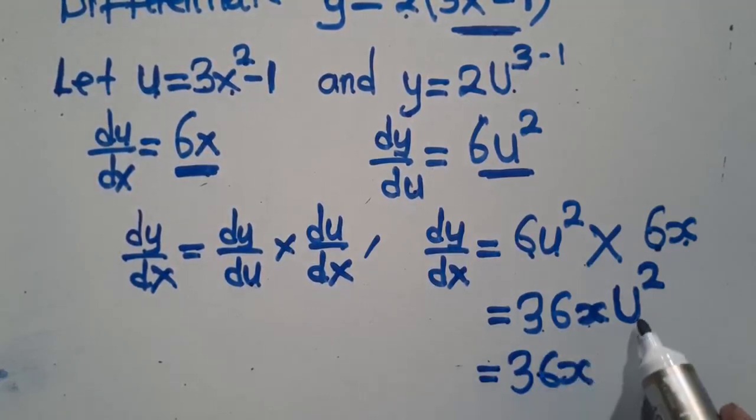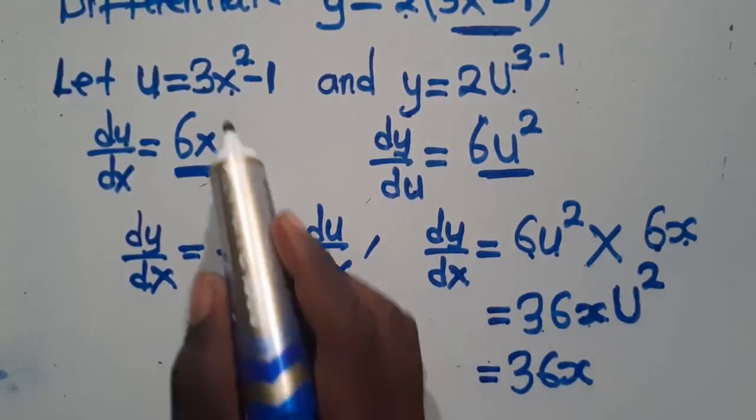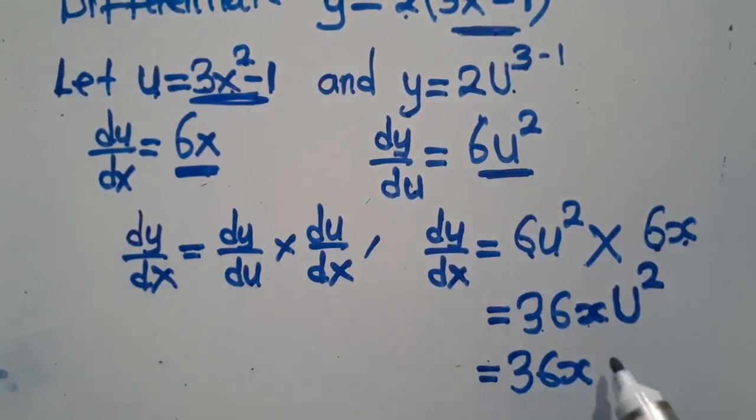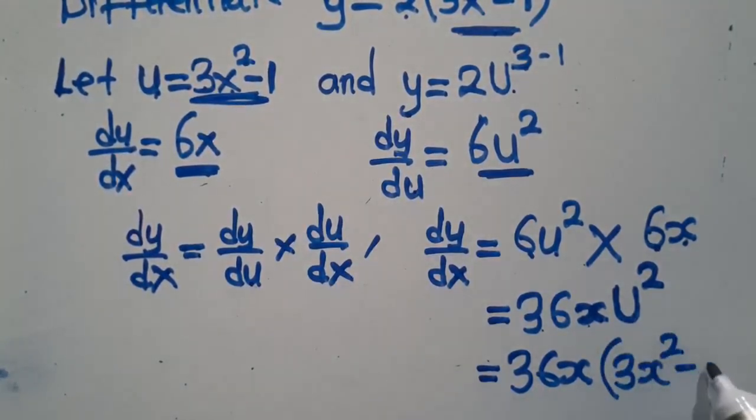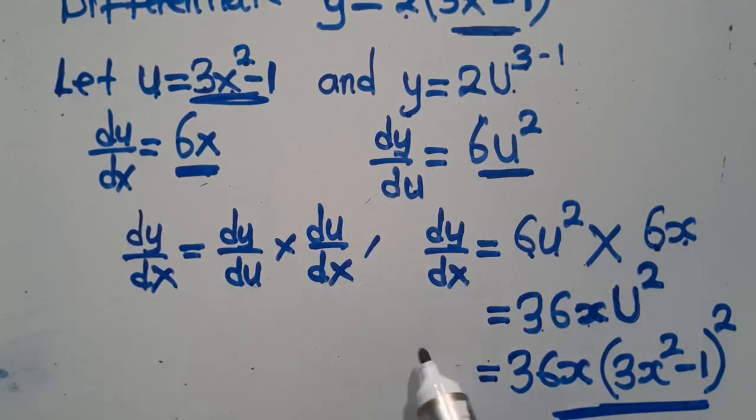36x. u is what? At first we said u is equal to that. So u is 3x squared minus 1, with power 2. So meaning that this is your answer, this is dy/dx.